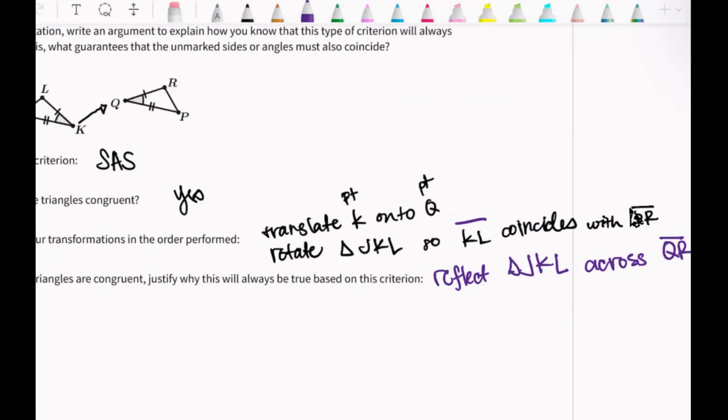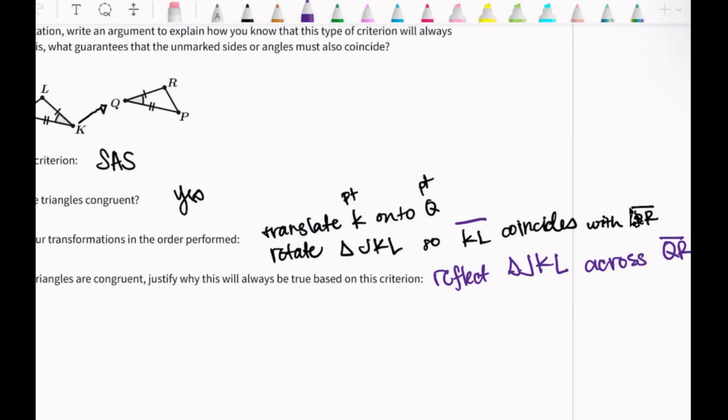And then again, why am I justifying the fact that those two are in fact the same? It has to do with the fact that JK and QP are congruent. The angles are congruent too: angle RQP is congruent to angle K. So when I reflect it back, you'll notice that JK will also sit on top of QP.